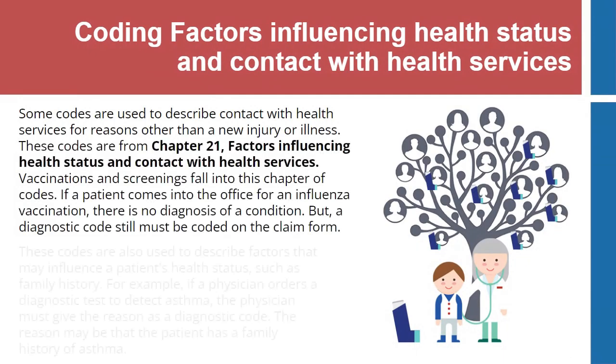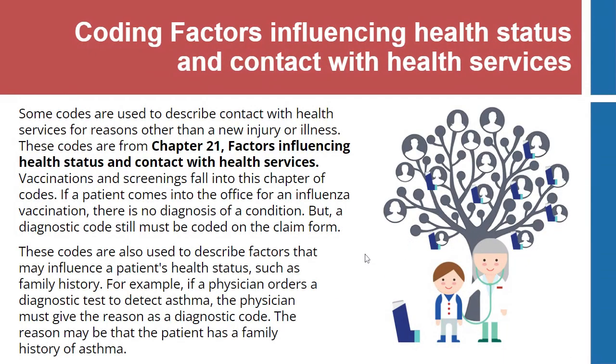Now, in some cases, in Chapter 21, Factors Influencing Health Status and Contact with Health Services, some diagnosis codes are not going to be conditions. This is so important to mention. Some are not going to be diseases or anything like that. Some people may just come in for a physical.